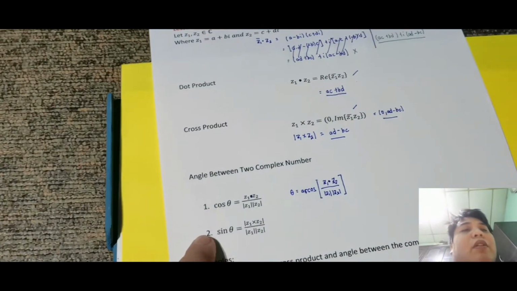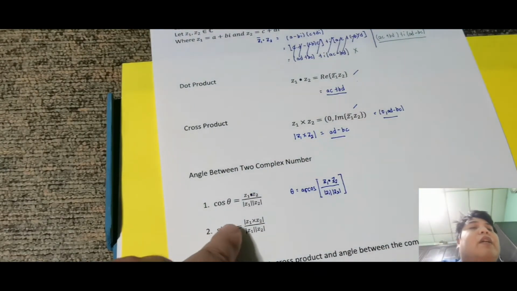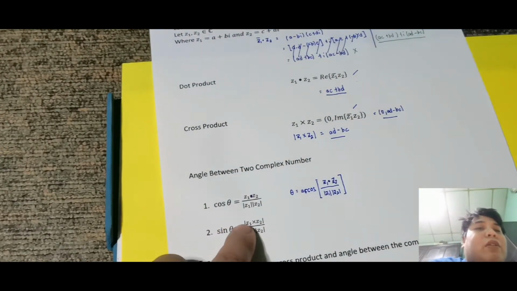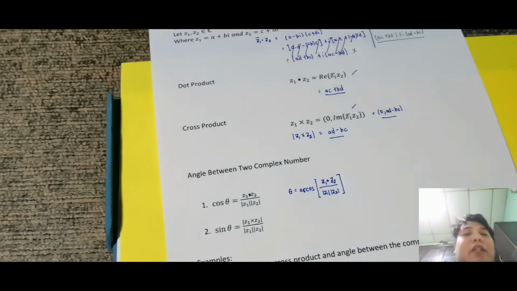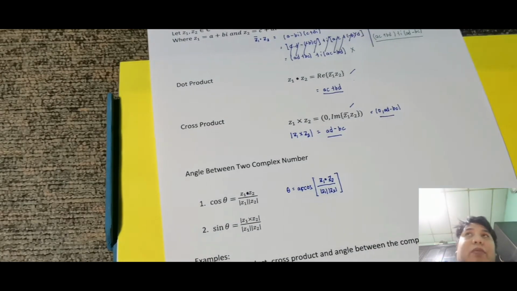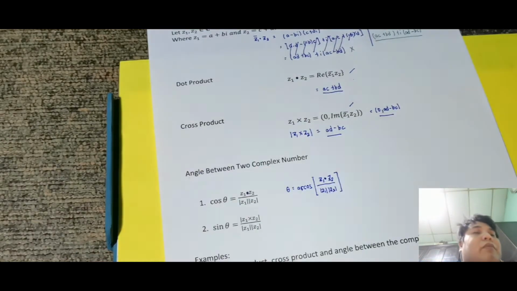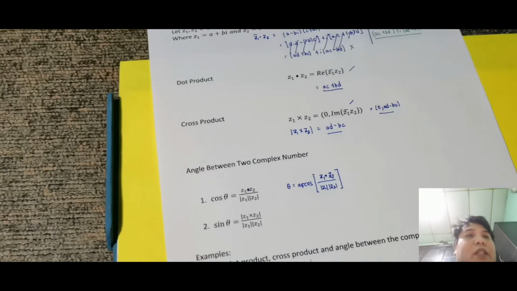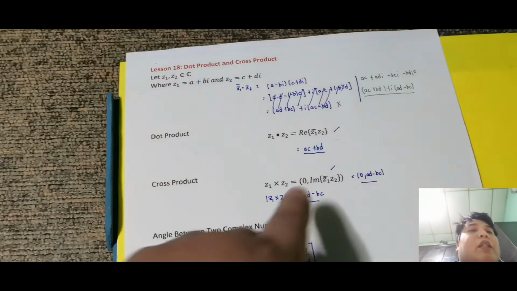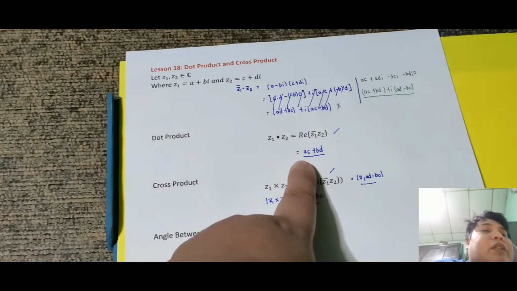Okay, similar dito, ganun din, arc sine ng, tingnan nyo, modulus ng C sub 1 cross C sub 2 naman. So pag gusto mong gamitin si sine, ang gagamitin mo cross product. So pag gusto mo gamitin si cosine, dot product. So syempre most likely ang gagamitin si cosine kasi dot product mas madali in terms sa cross product. Actually parehas naman, yung formula naman nakikita nyo. Okay lang din. Parehas. So pansinin nyo yung AC plus BD na yan, yung formula, hindi laging ganyan yung position.